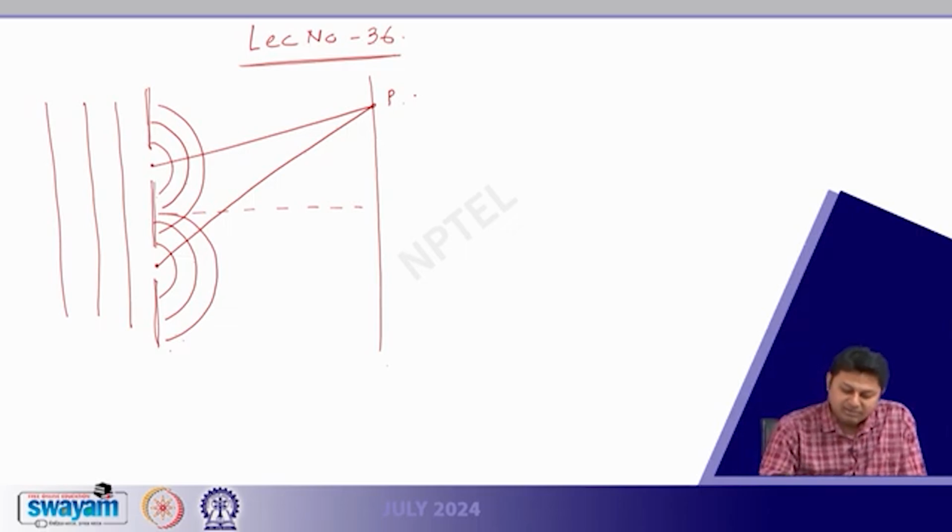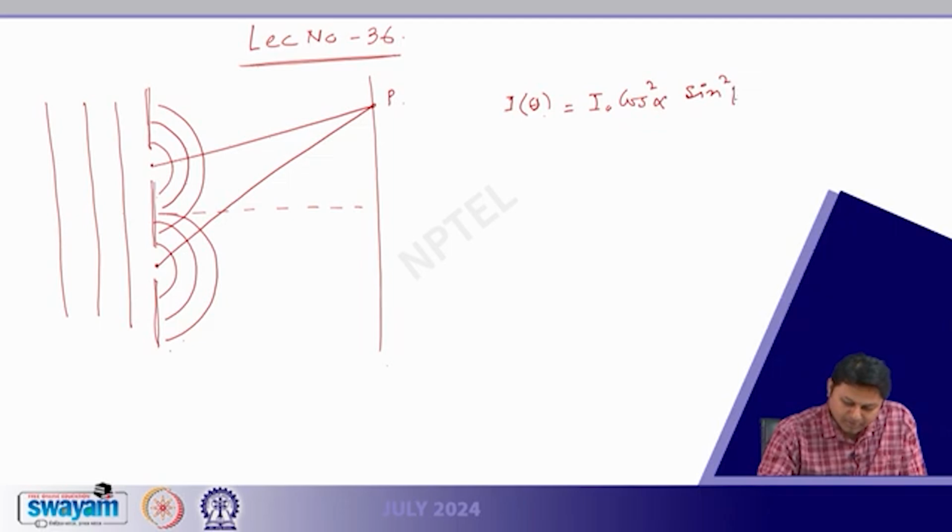The intensity distribution for this system at any angle theta is I naught cos square alpha times sin square beta divided by beta square, which we derived, where alpha was k divided by 2, a sin theta, and theta is this angle.